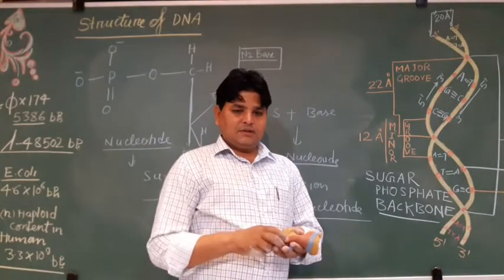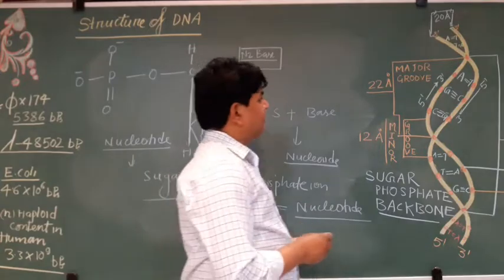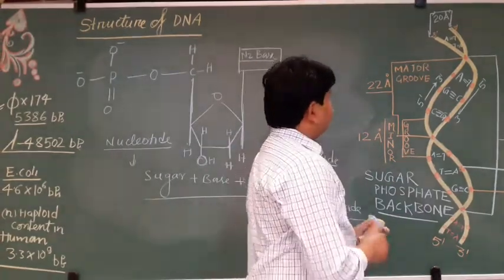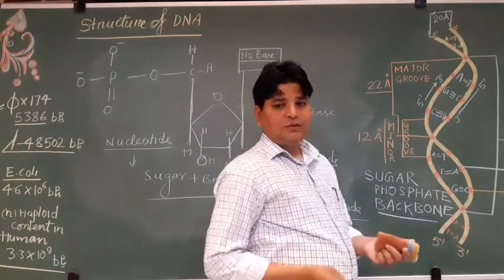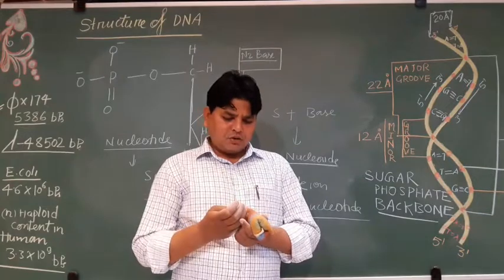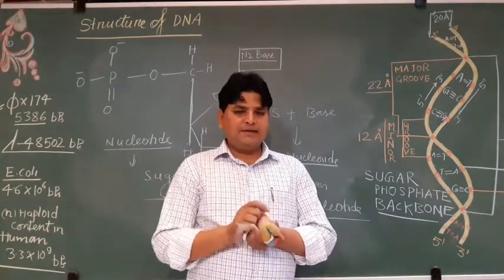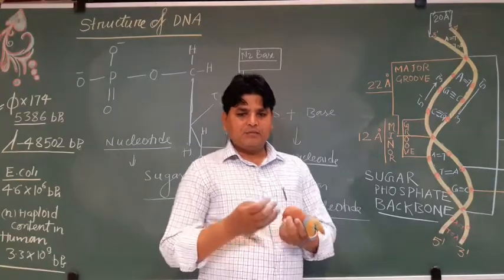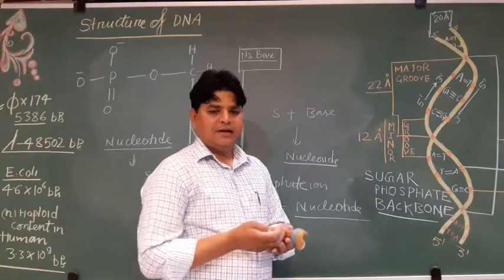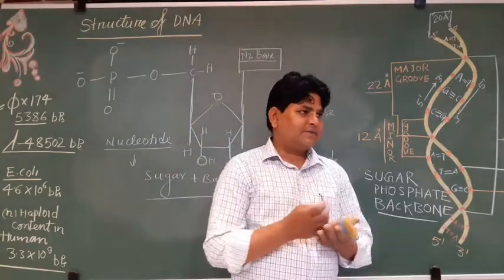And the fourth one is that the two chains are coiled in a right-handed fashion. Just look, the two chains are coiled in a right-handed fashion, and the pitch of the helix is 3.4 nm, and it has roughly 10 base pairs.